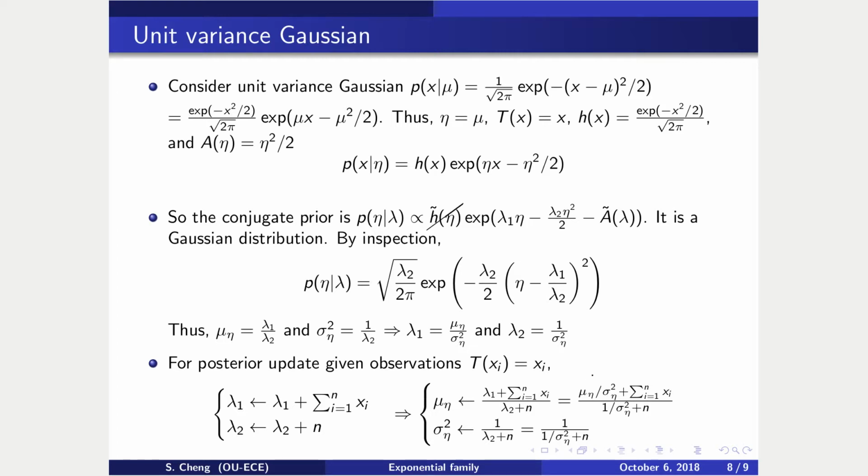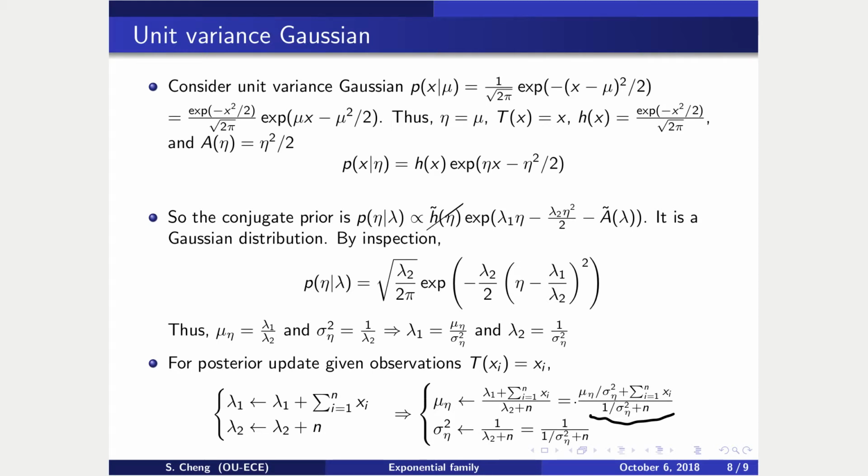Of course I can eliminate lambda 1 and lambda 2 and look at how mu n and sigma n squared are updated. Mu n is updated by this expression, and the variance is updated by this one.